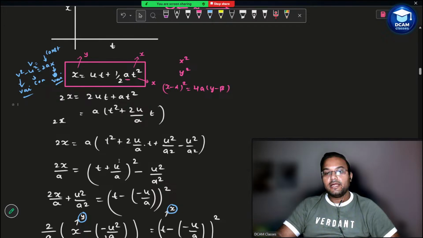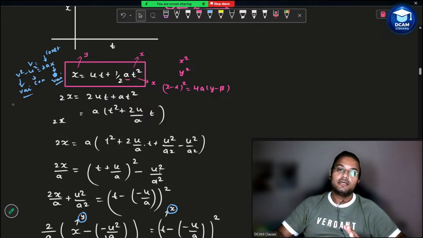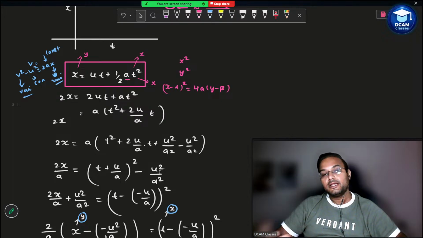So I will add and subtract u square by a square: t square plus 2u by a into t plus u square by a square, minus u square by a square. Then it will become t plus u by a whole square minus u square by a square. Because my parabola contains either x square is equal to 4ay type, x minus alpha whole square is equal to 4a into y minus beta, or it contains y minus beta whole square is equal to 4a into x minus alpha.